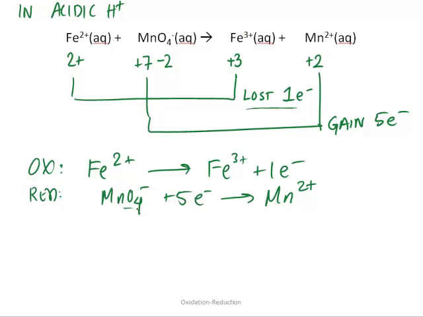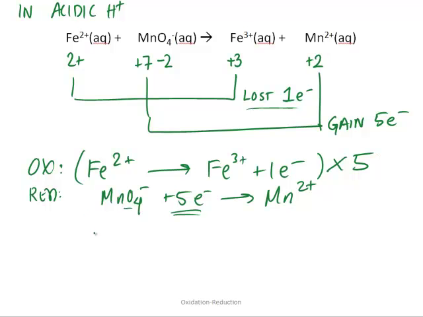Okay, in general, we're going to now balance these half reactions for electrons. I generally don't worry about oxygen just yet. I'm going to balance that for the overall total equation. But I do know that if manganese is going to gain 5 electrons, I need to have 5 iron plus 2. So I'm going to multiply the whole half reaction by a coefficient to balance the number of electrons.